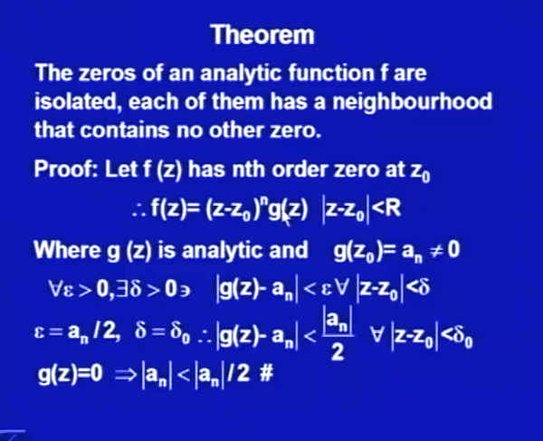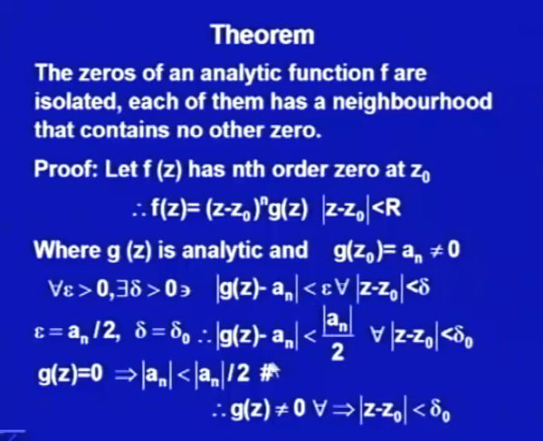Since G(z) is not 0, my f(z) will not be 0 for any other z in this delta naught neighborhood, because this term would be 0 only at z equal to z naught. If any other point were a zero of f in the delta naught neighborhood of z naught, then G(z) would have to be 0 for some other z.